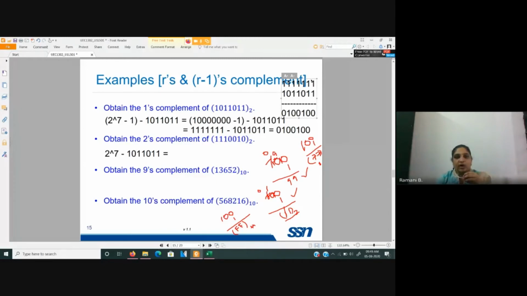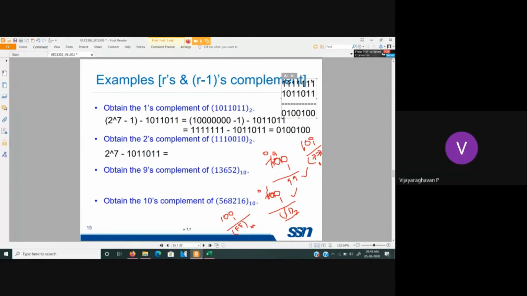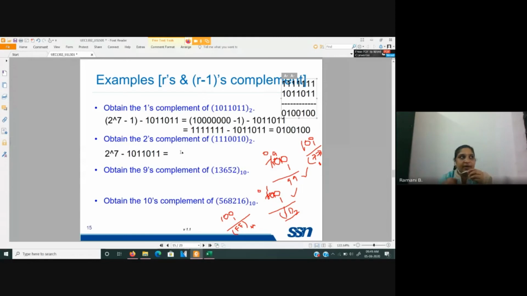We have to actually borrow and then perform. Ma'am, can you show how to do 1011 minus 11111? Anyway, when you perform this subtraction, you are not getting a 0 there, because 2 power any number minus 1 is always going to be all ones. You won't have a 0 over there.